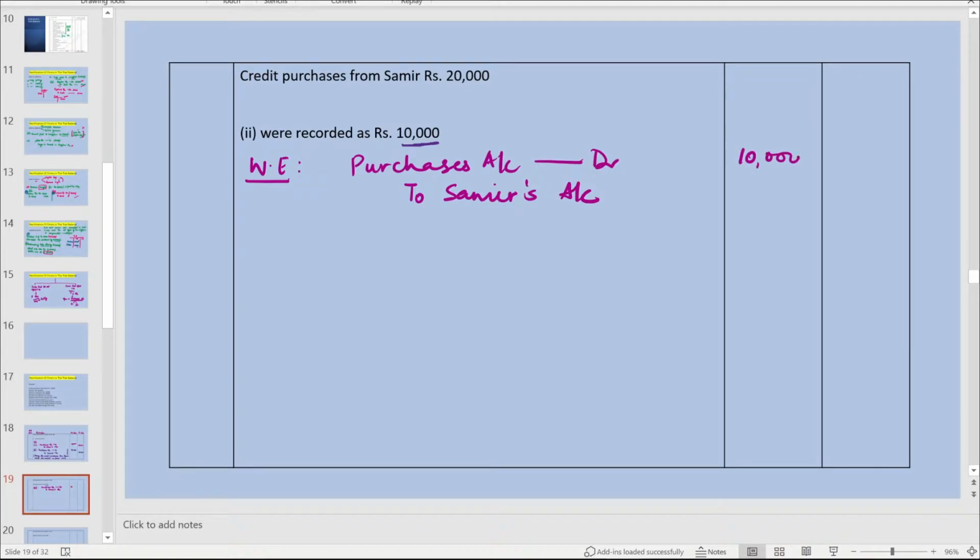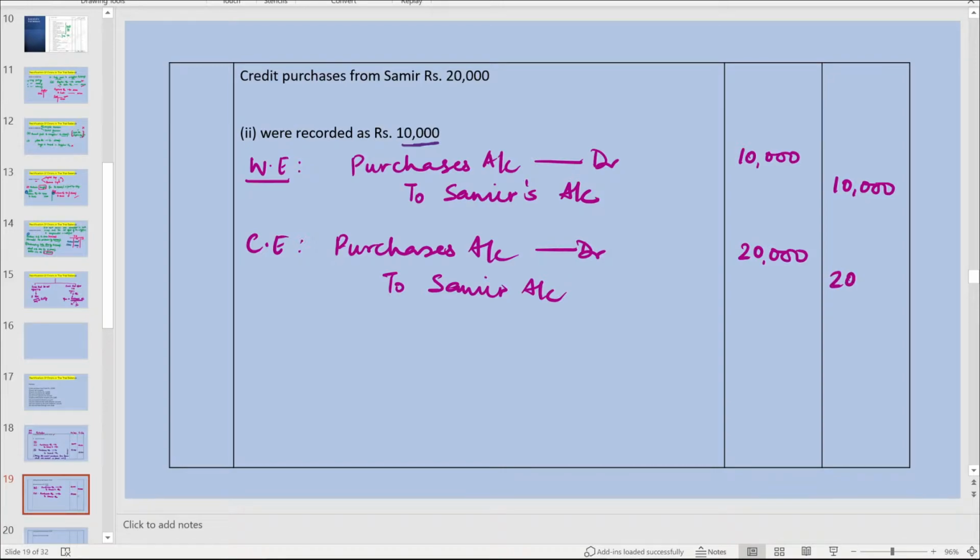So they have passed 10,000. And what is the correct entry? The correct entry is purchases account debit to Samir account, and the amount is 20,000. This is the correct entry. So how can I rectify my wrong entry? So I'll say rectified entry.